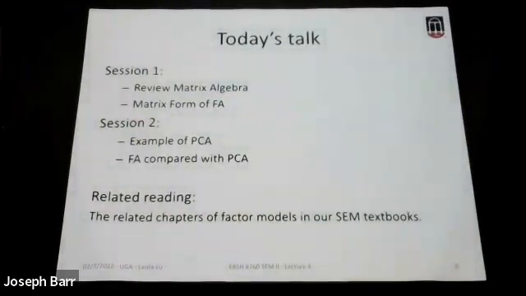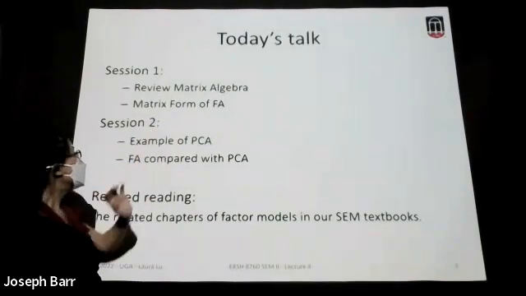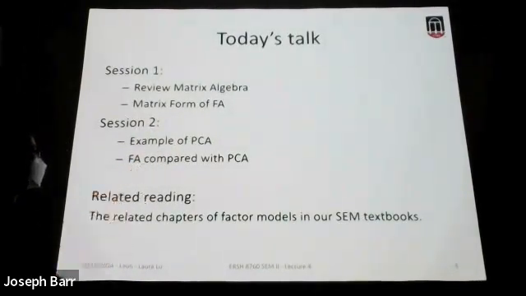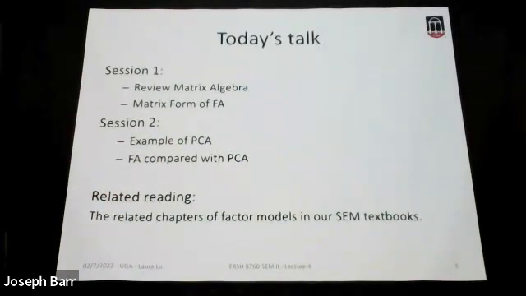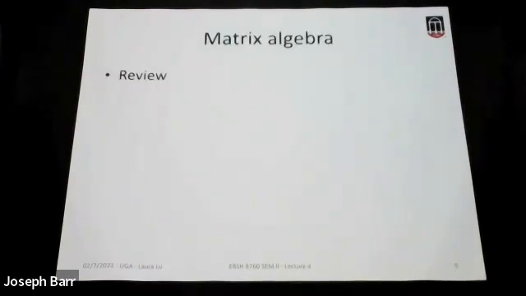So we can look at that part by using an example. And we also have the matrix form for factor analysis. We do have an example and comparison. So that's today's outline.